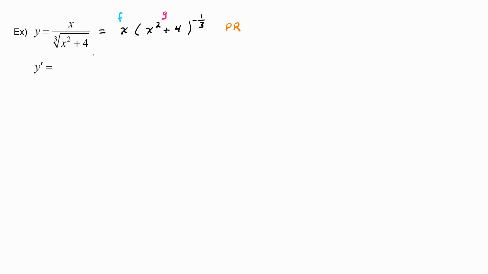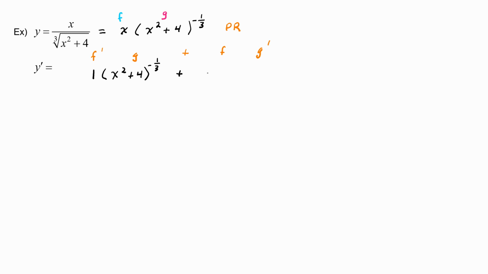And we will need to do f prime g plus f g prime. So f prime is the derivative of x, which of course is 1, and we have to take that times g, which is x squared plus 4 to the negative 1/3 power. Bring down the plus sign.